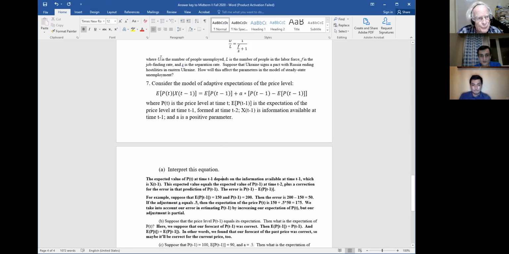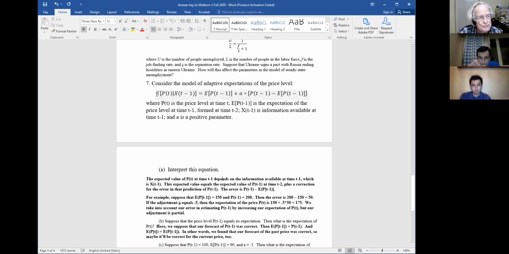So let's take a look at what this equation is saying. The idea behind the model is that people will adjust their estimates gradually, only gradually, as their information changes about the price level.